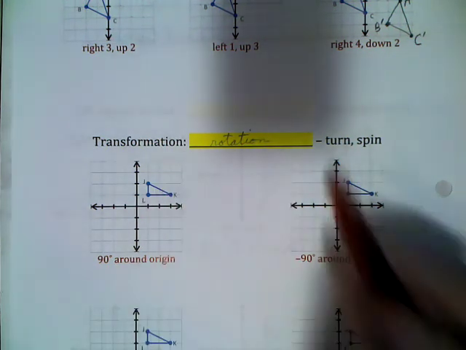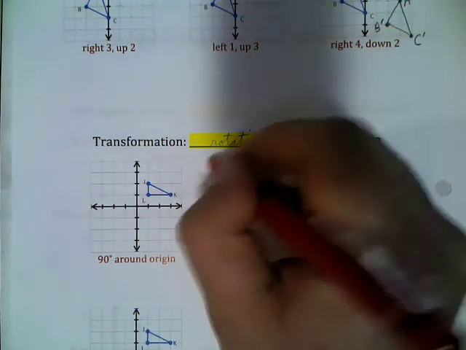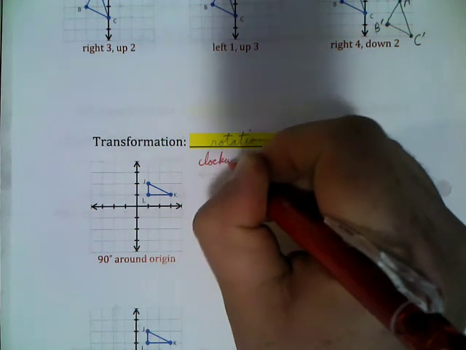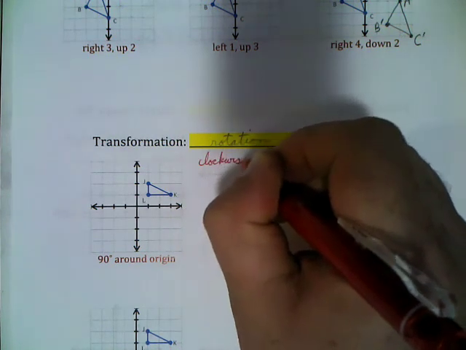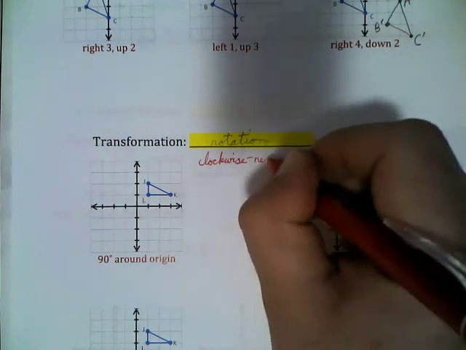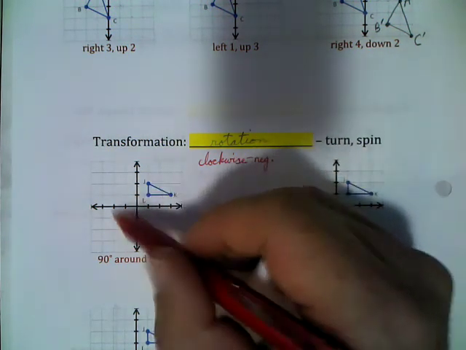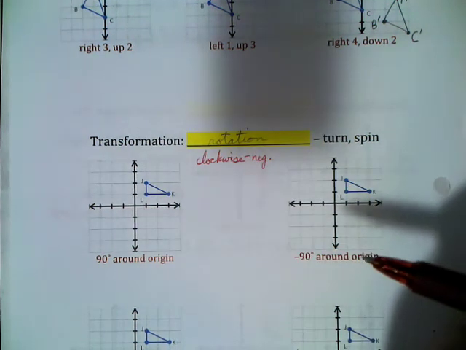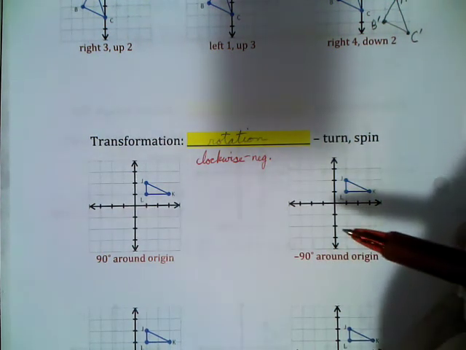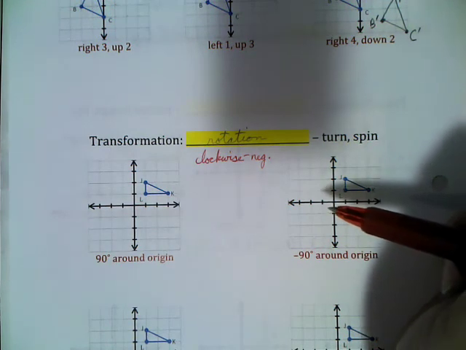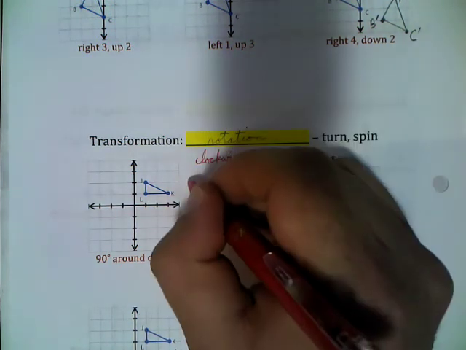And something we need to understand about rotations is clockwise is actually negative. So where it would seem natural to us to say rotating this way is positive, it's not. In mathematics, that's actually considered a negative rotation. Clockwise is a negative rotation.